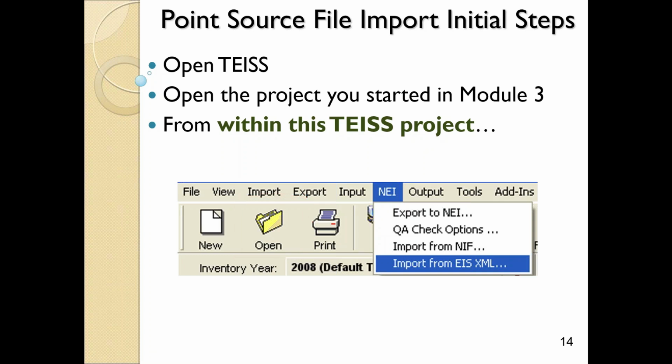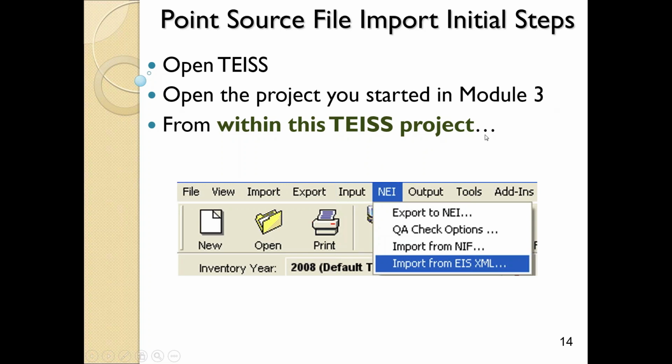If you don't remember where you saved your file, check your database logbook to locate the file. If you wrote that down, which you should have written down in your logbook, that will help you out. You can also contact us if you need assistance with opening up your TEISS project.